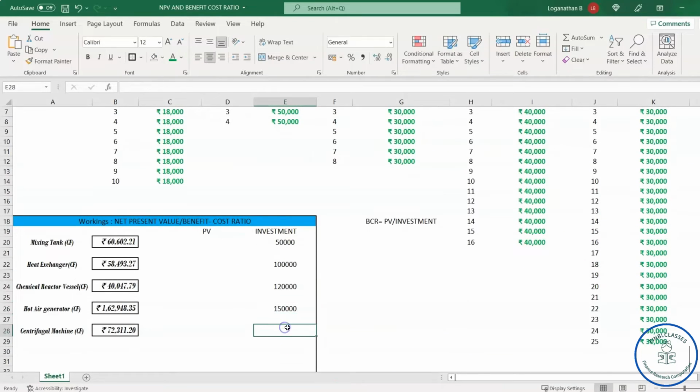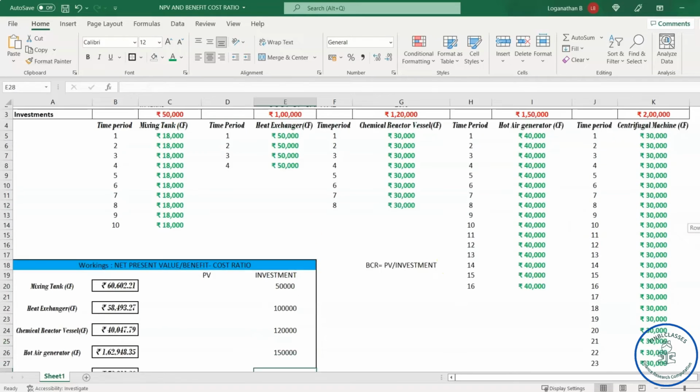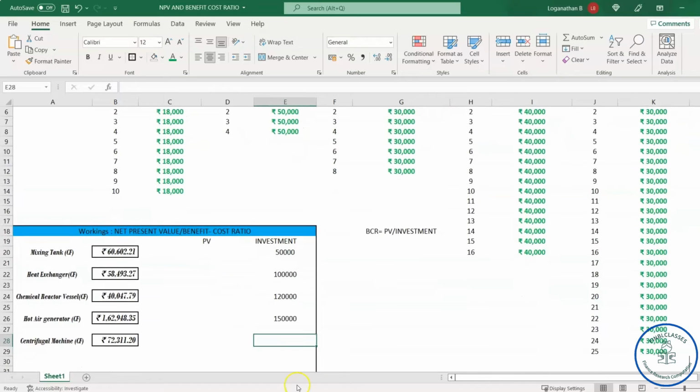Then for centrifugal machine, we have investment of 2 lakh. So I put here 2 lakh, right? So investment amount has been put down here. Now we have to calculate the present value for the projects for mixing tank, the heat exchanger, chemical reactor vessel, hot air generator, and centrifugal machine. Then only we can calculate the BCR.